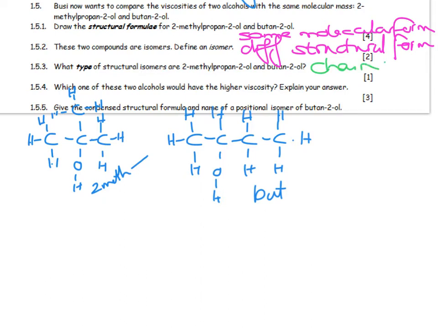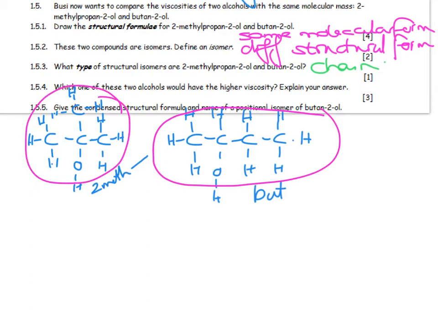Which one of these 2 alcohols would have a higher viscosity? Explain your answer. So here we have got a long chain and a large electron cloud distribution. Here we have a smaller surface area. So small electron cloud surface area.